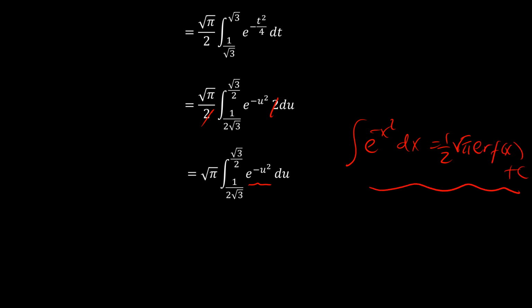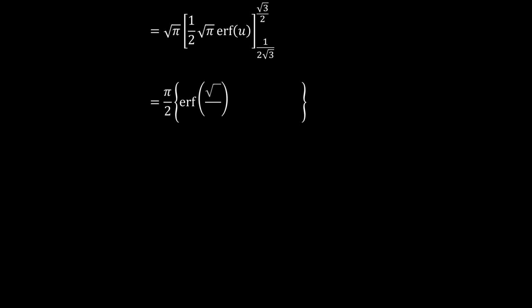So using this, we're just going to now put root pi times half root pi error function of u with the limits applied appropriately. So that means that our answer is pi over 2, because this root pi times this root pi, because pi over 2, error function of root 3 over 2 minus error function of 1 over 2 root 3.